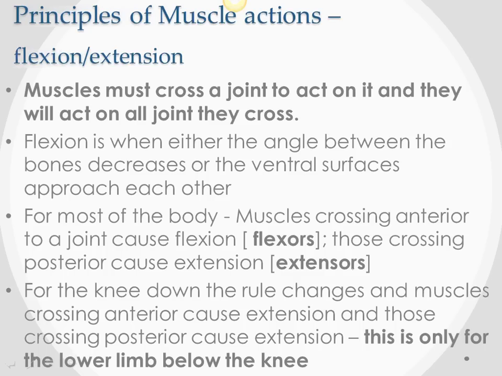So for the knee and ankle, any muscle which is crossing anterior will cause extension, and any muscle which crosses posterior will, this should read flexion, this is wrong. Any muscle that crosses posterior will cause flexion. Any muscle that crosses anterior will cause extension. Please change that. I'm going to correct that in the PowerPoint.